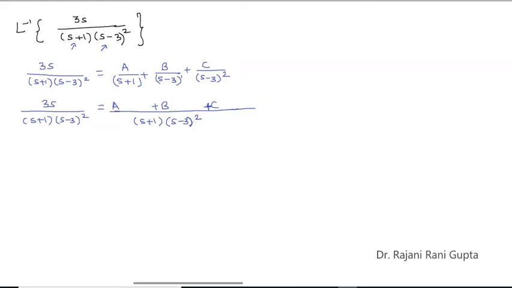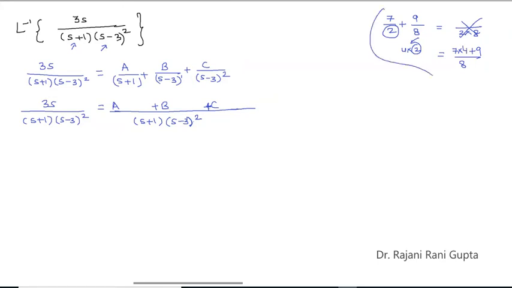Say you want to add the rational numbers 7 over 2 plus 9 over 8. In this case you do not write 2 into 8. Instead you will write 8 as the LCM, because 8 you can write as 4 times 2, and 2 is already included here. So then you will write 7 times 4 plus 9, isn't it? This is how we work. So it is similar to that.